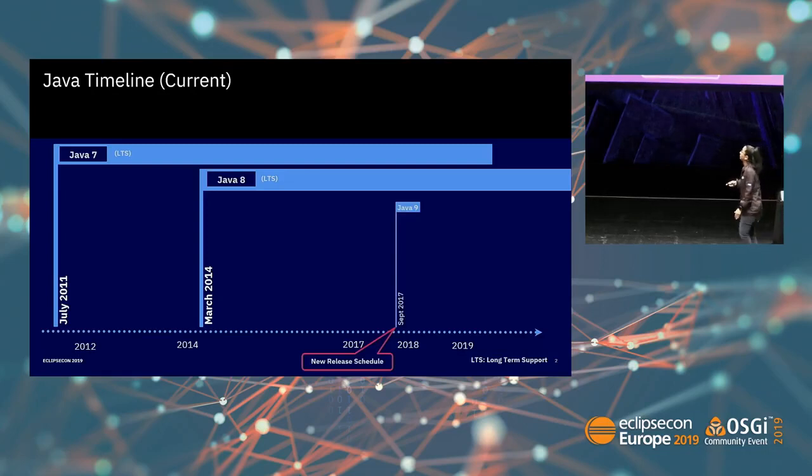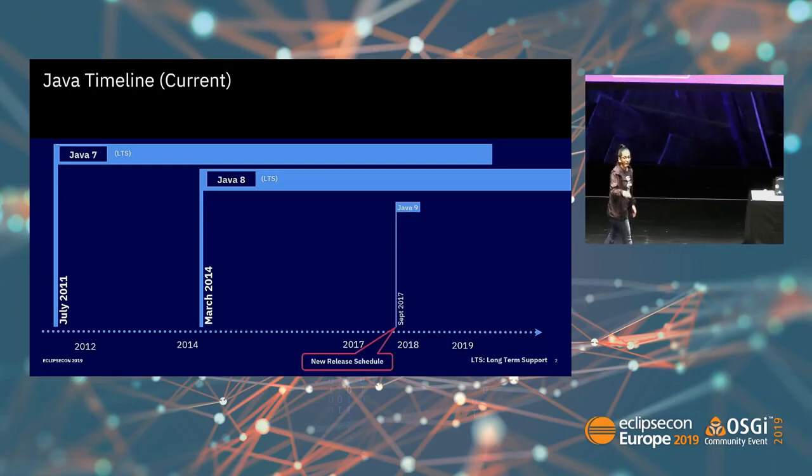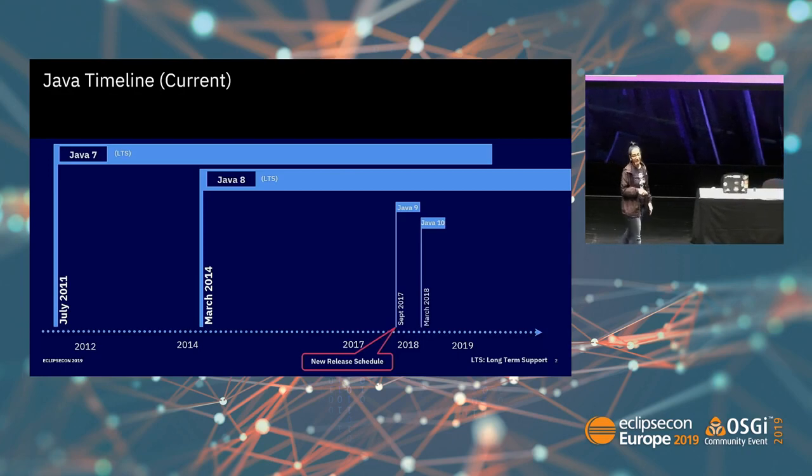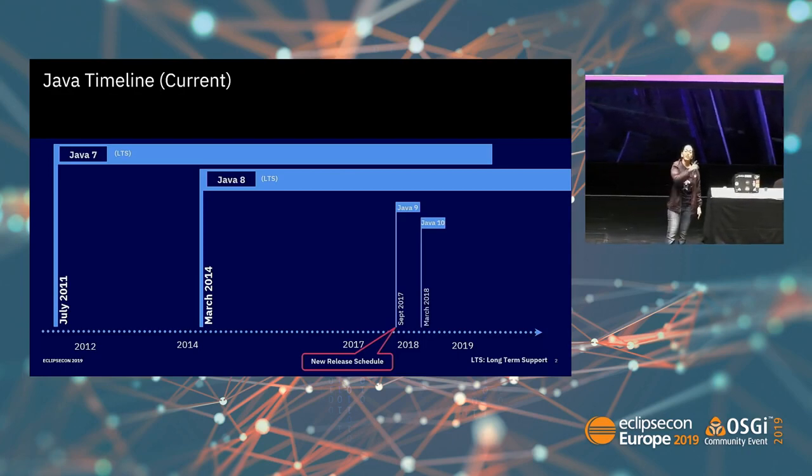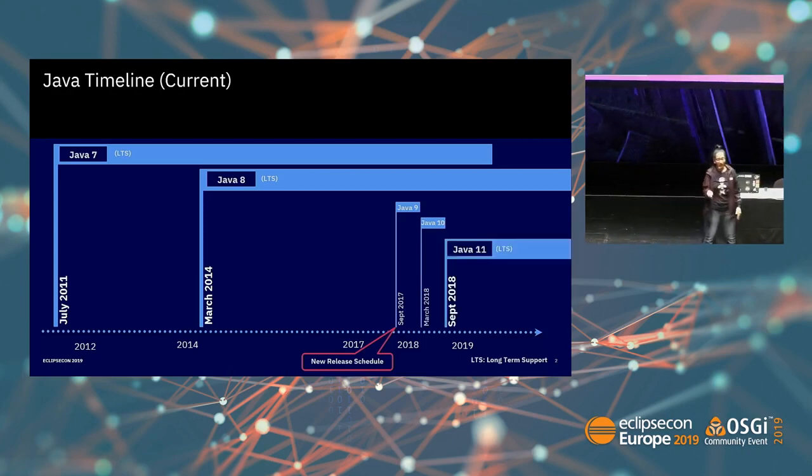In September 2017, Java 9 came out, and there was six-month support for that version until the new version came out, which was Java 10. As soon as that came out, Java 9 went out of support. Then we saw Java 11 come out, and that one was declared a long-term supported release.